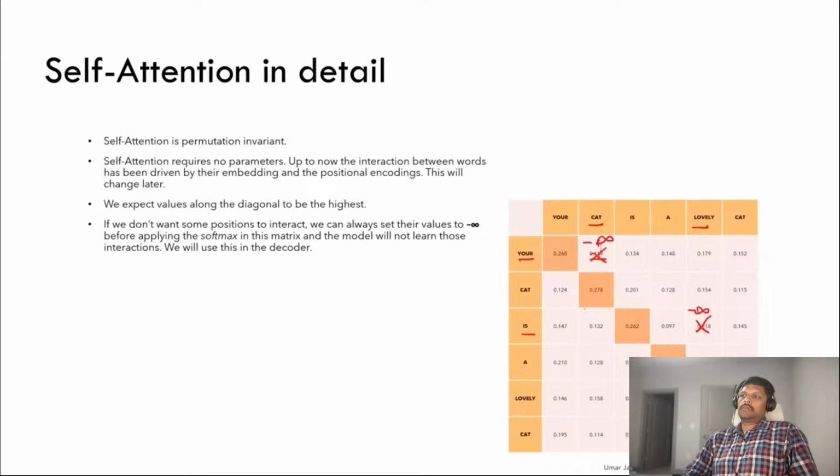And when we apply the softmax it will replace minus infinity with 0. Because as you remember, the softmax is e to the power of x. If x is going to minus infinity, e to the power of minus infinity will become very, very close to 0. So basically 0. This is a desirable property that we will use in the decoder of the transformer.